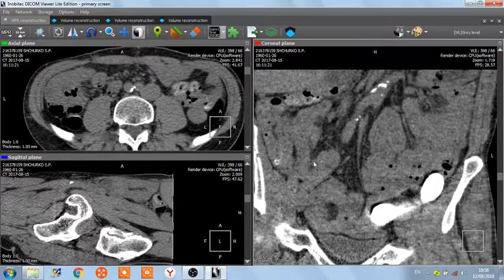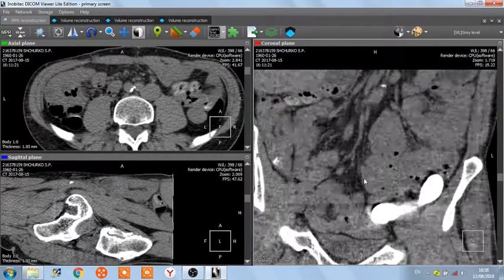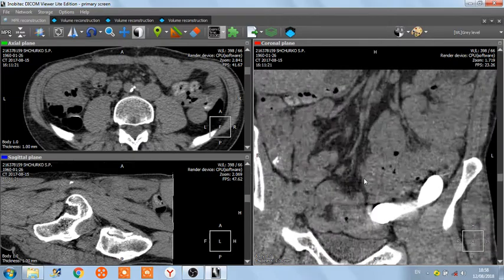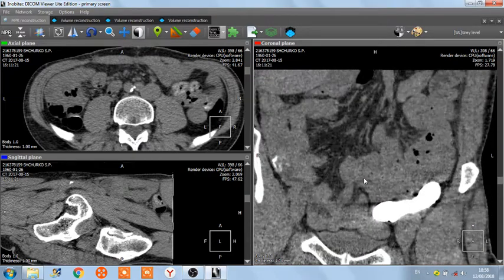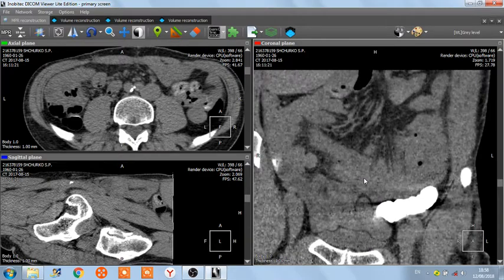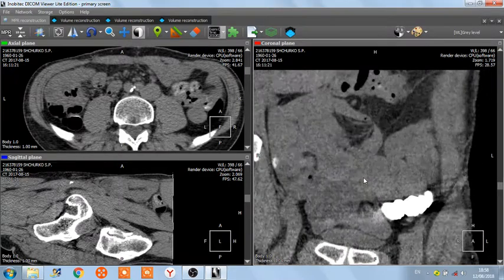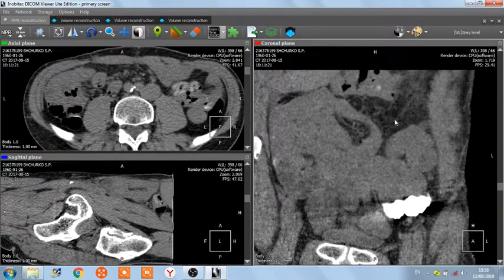So there I show what they look like. There's nothing to see there except those small intestines which are abundant around there.